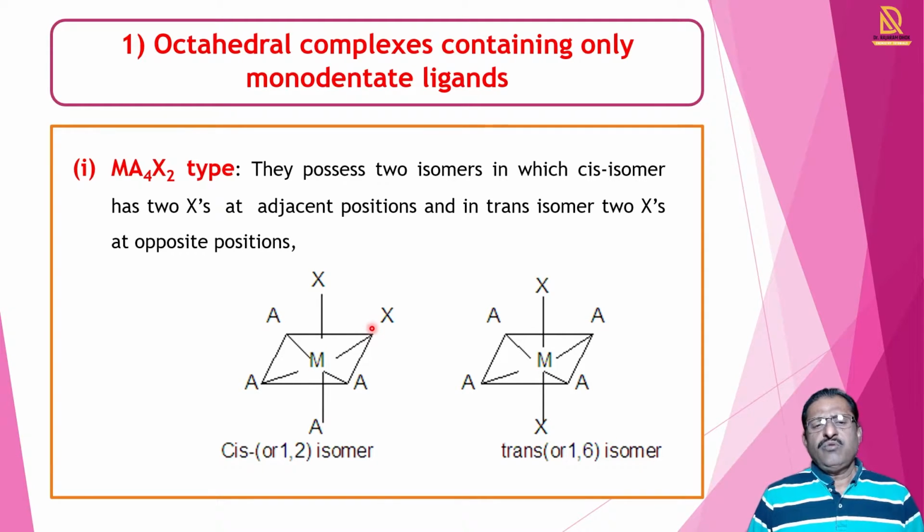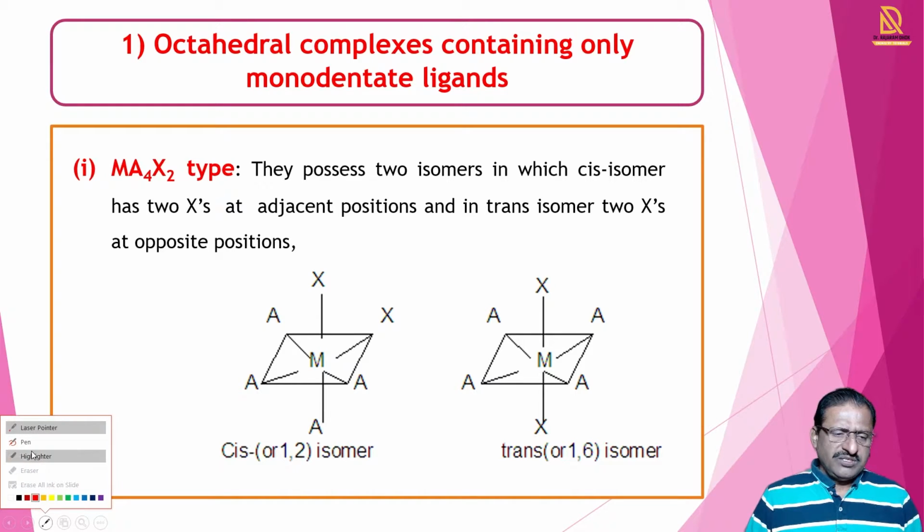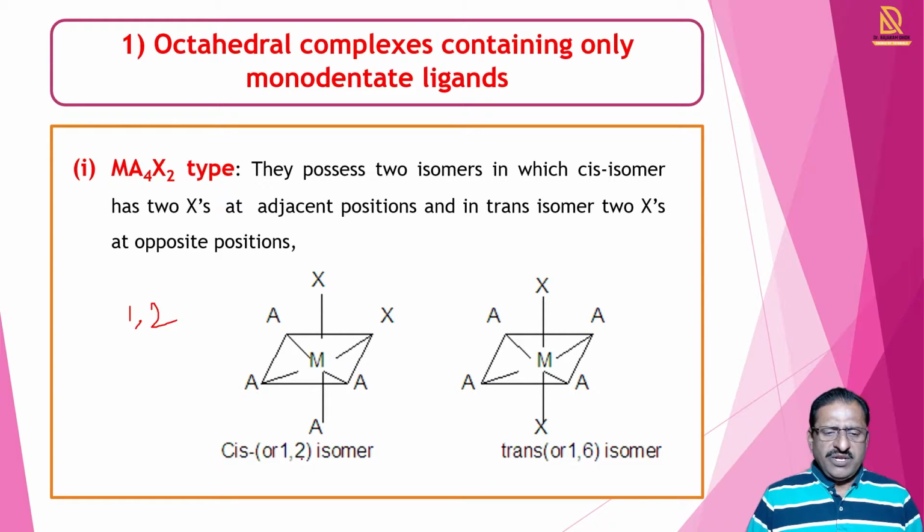Already we have seen what is meant by cis. When the same type of ligands are present at position numbers 1 and 2, that is called the cis isomer. And when the same type of ligand is at positions 1 and 6, that is called the trans isomer. So remember, positions 1 and 2 attached by the same ligand is cis, and positions 1 and 6 is trans.